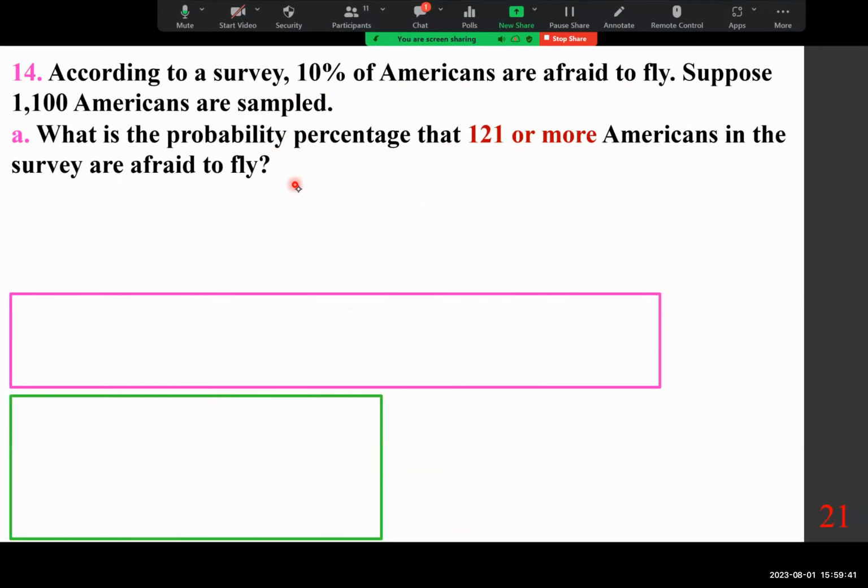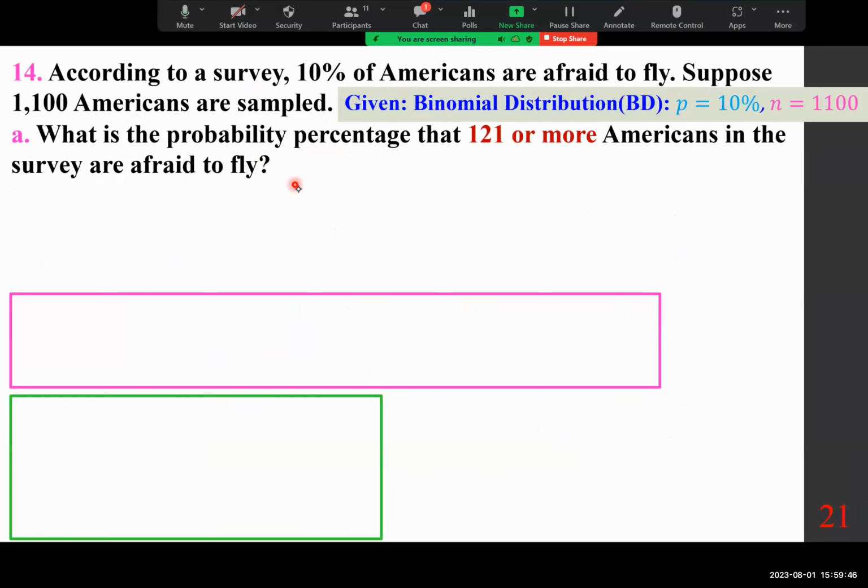So right away, we have to understand it is a binomial distribution with p being 10% and n is 1,100. So anytime you claim a binomial distribution, you have to write n and p. And I put them in the order that I received.